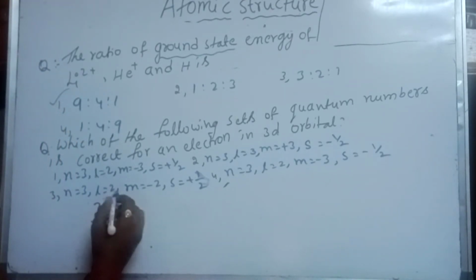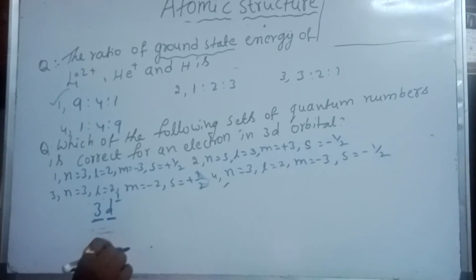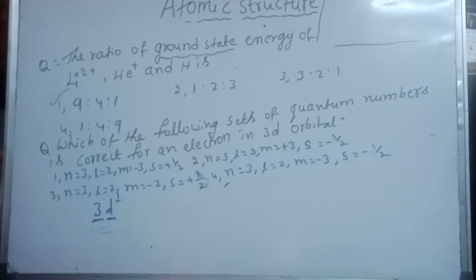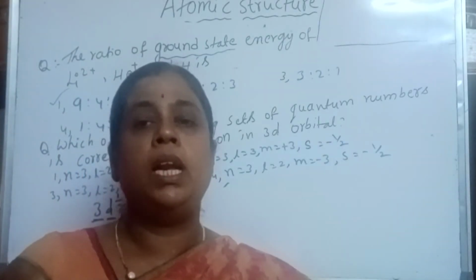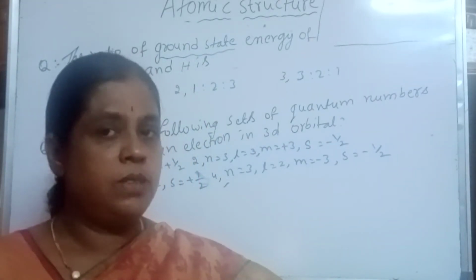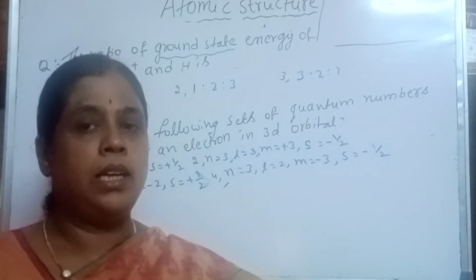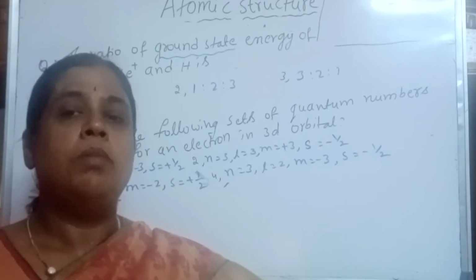So what is s here? Imagine one electron is present. For one electron, s should be plus 1 by 2. For two electrons, the s value is minus 1 by 2. You have to remember: for a single electron, s is plus 1 by 2.